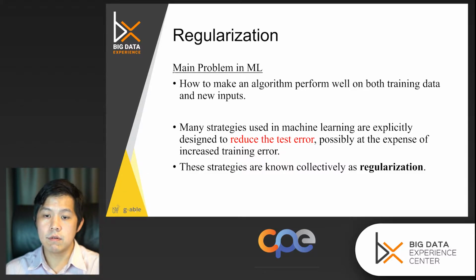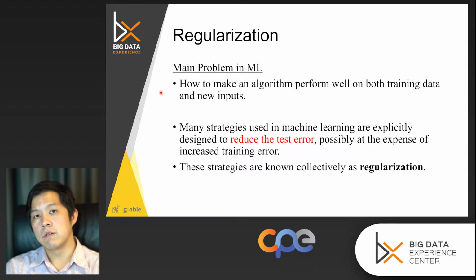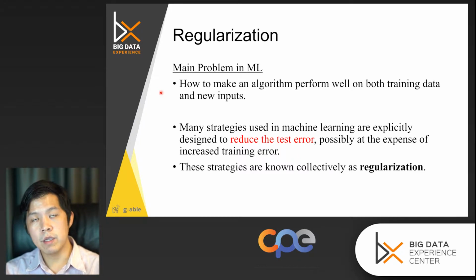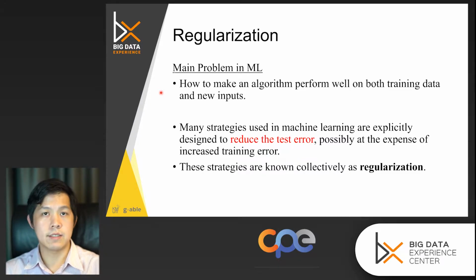The main problem in deep learning is that the model needs to learn from the training dataset, but it also has to be good on the testing dataset. What does it mean?